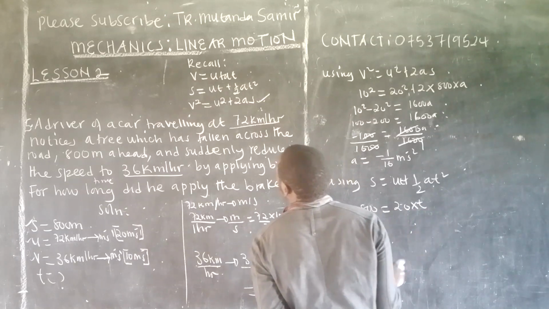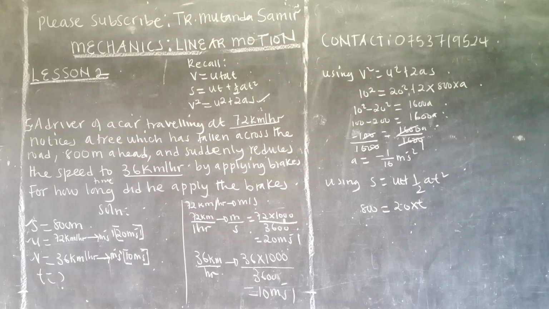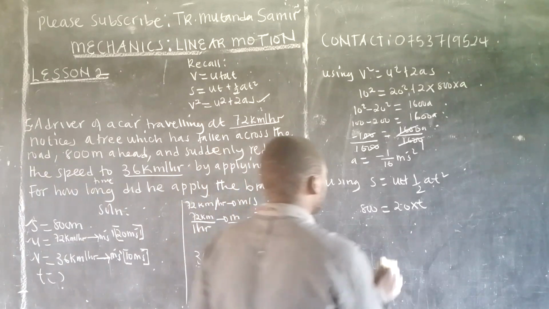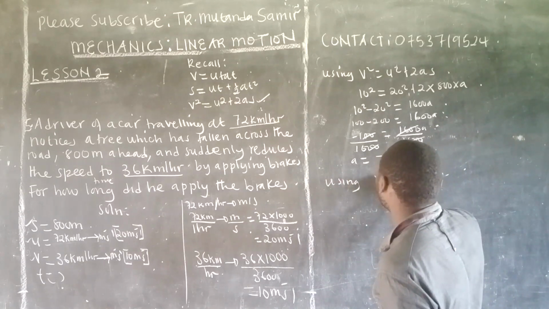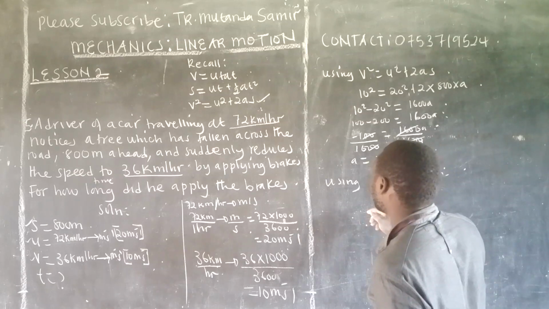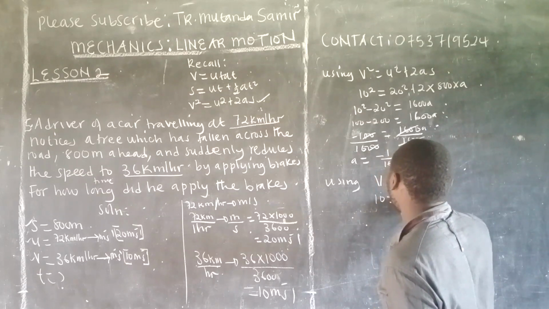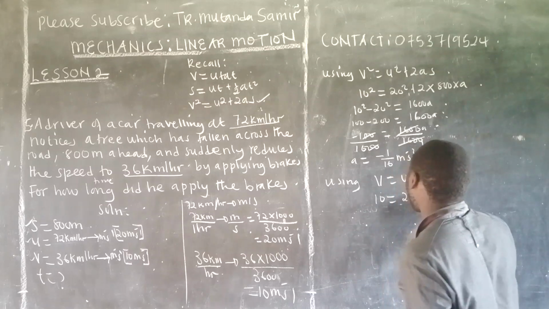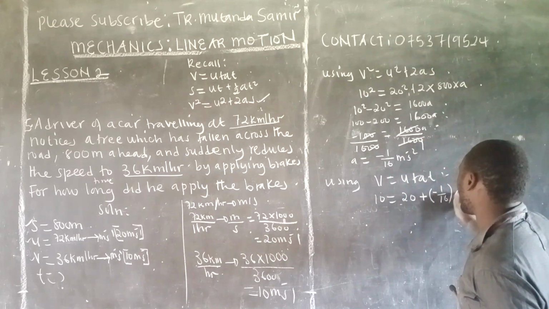No. I think let me use the first equation. This one is a bit bulky. Let's use the first equation, but they all give you the same answer. Yeah, I see the first equation is simpler. So using V is equal to U plus AT. Please, this also can give us the answer. So V is 10 equals U, which is 20, plus our acceleration, negative 1 over 16, times T.